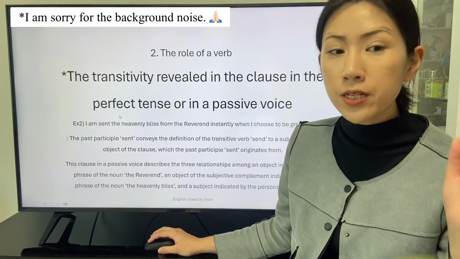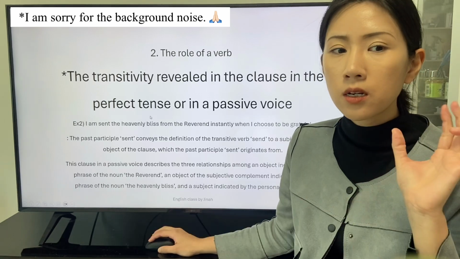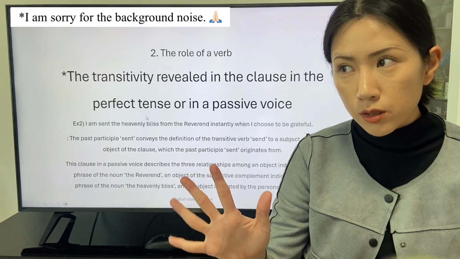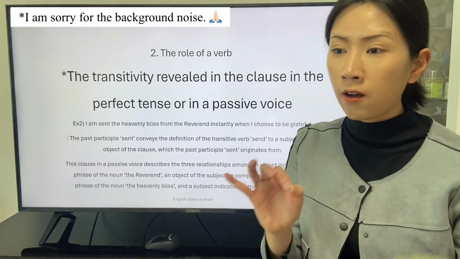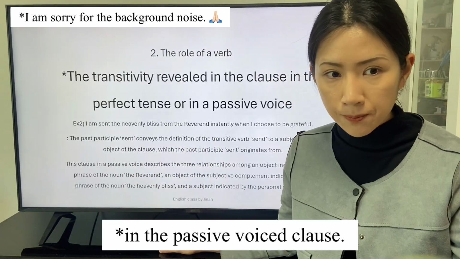The direct object is converted as an object of the subjective complement sent.